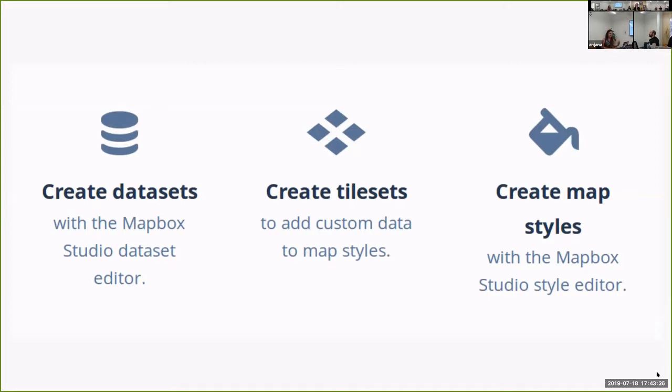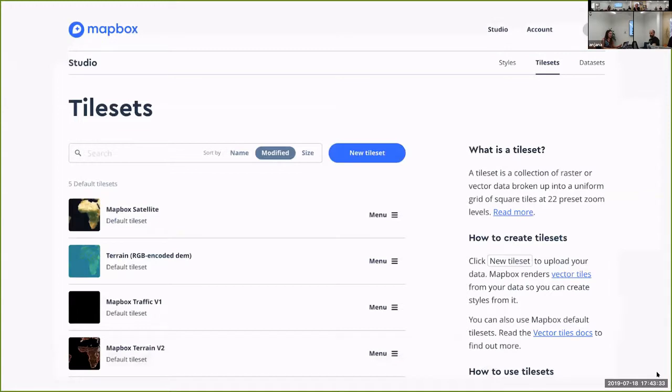Or it can also be a data set that you create by hand even, or on the fly as you go. And that is all done through this web interface to upload tile sets, work with them, share them, delete them, whatever you need to do.